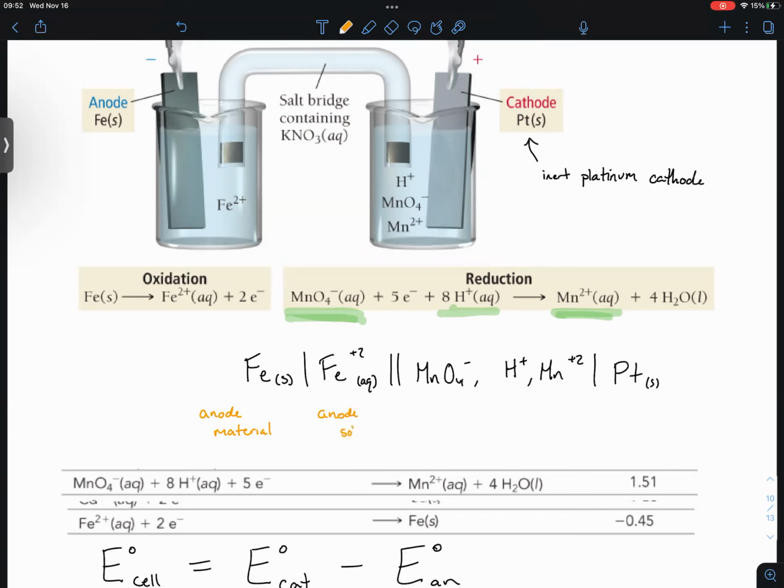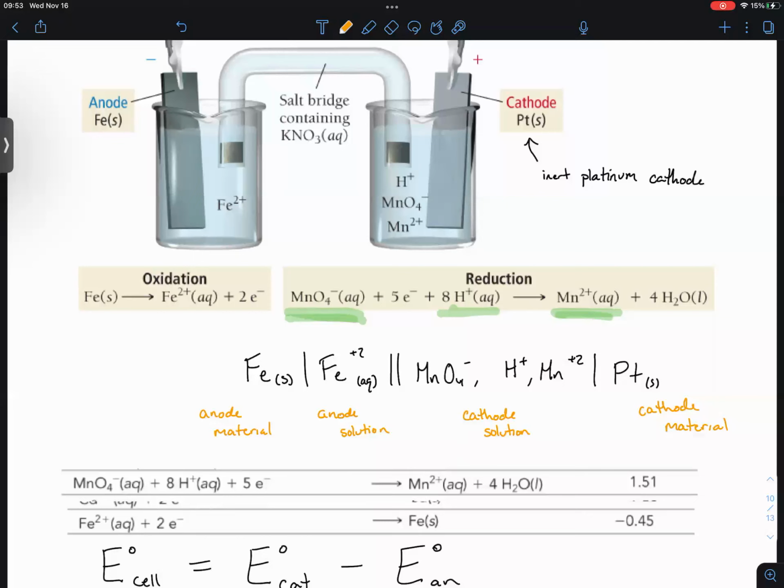The anode solution, which was those iron ions. But now our cathode solution actually contains both the products and the reactants of this reduction reaction. And our cathode material is that inert platinum, right?